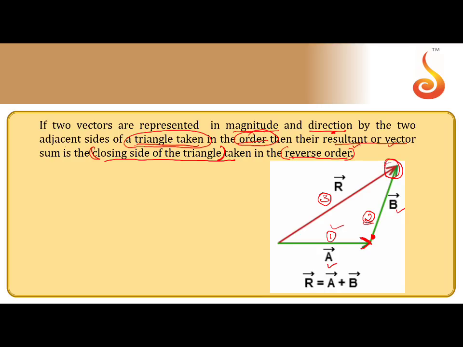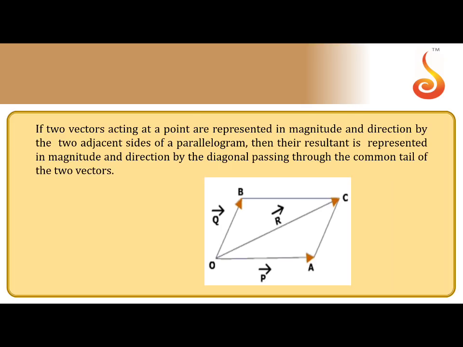You see here the terminal points are the same. Next, in the parallelogram law, the two vectors act at a point. In the previous one, the two should be in order; here they should be acting at the same point. They can be represented both in magnitude and direction by two adjacent sides of a parallelogram.